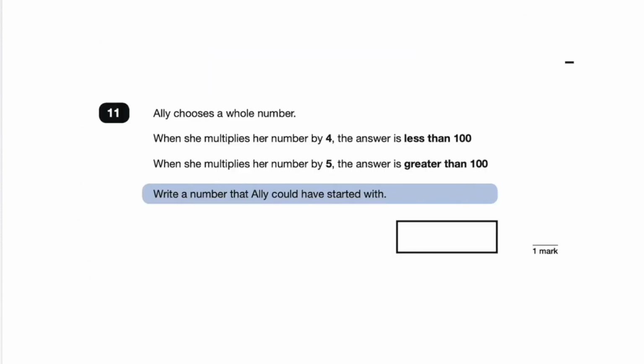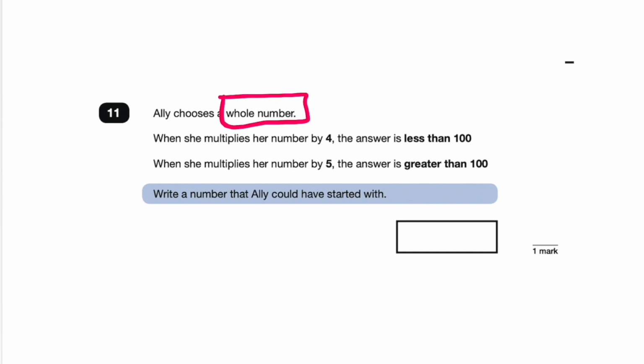Let's have a look at question 11. Ali chooses a whole number. When she multiplies her number by 4, the answer is less than 100. When she multiplies her number by 5, the answer is greater than 100. Write a number that Ali could have started with. Okay, we've been given loads of information here. So we know that she's chosen a whole number.